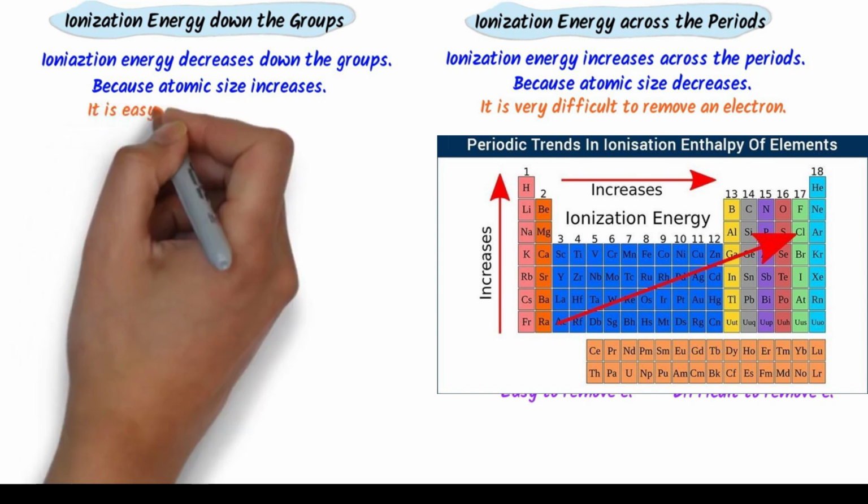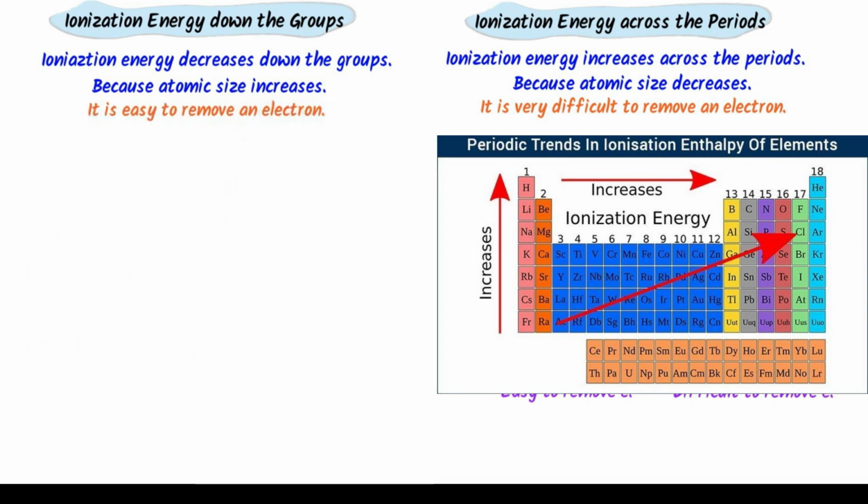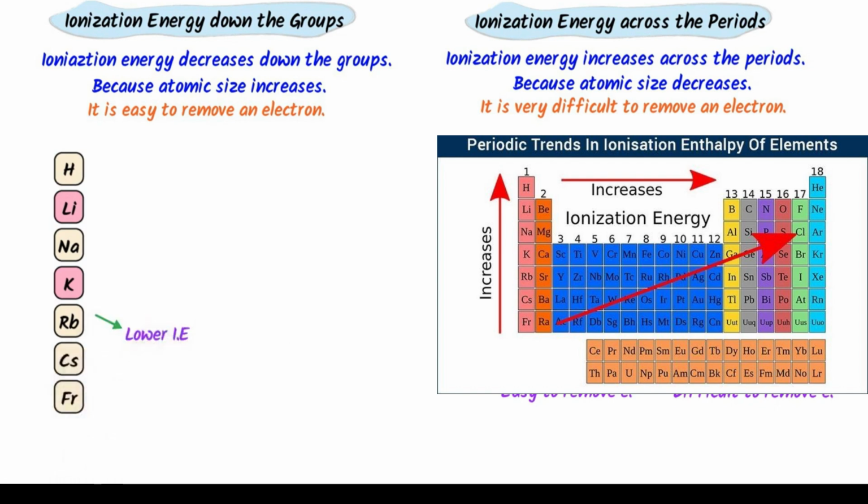Hence, atoms can easily lose electrons. For example, in first group, potassium has much lower ionization energy than lithium. It is because potassium is larger in size and its outer electron is farther from the nucleus. Hence, it can easily lose electron.